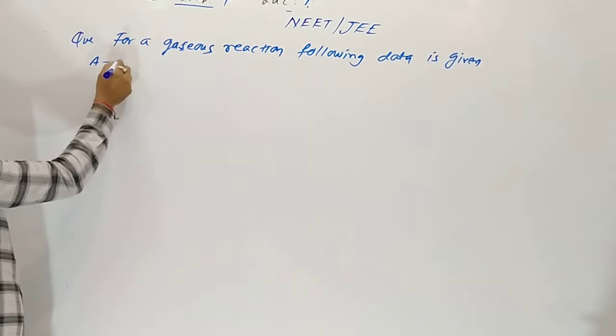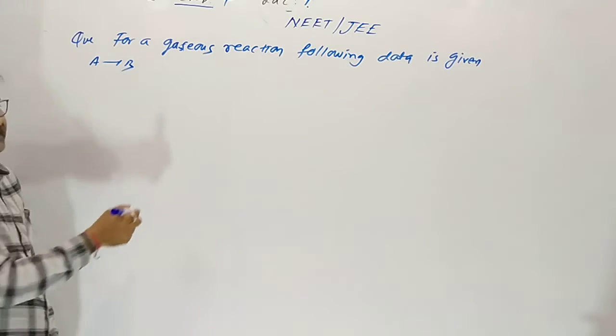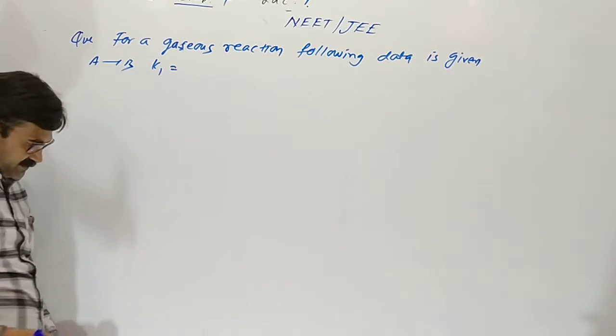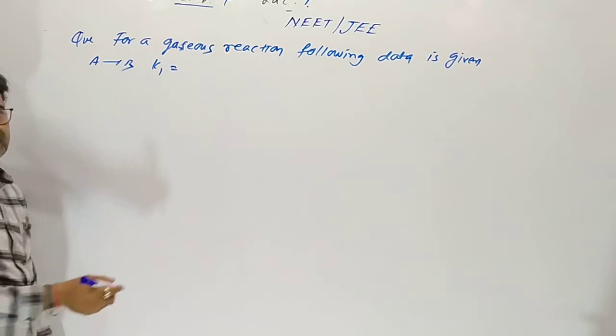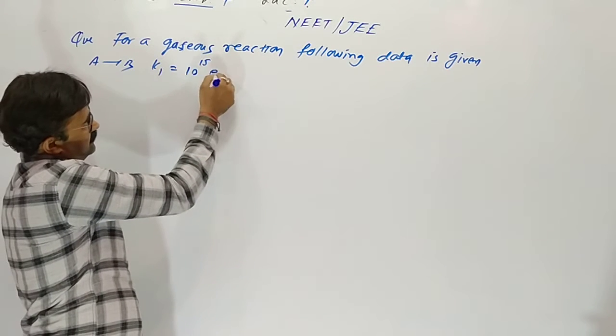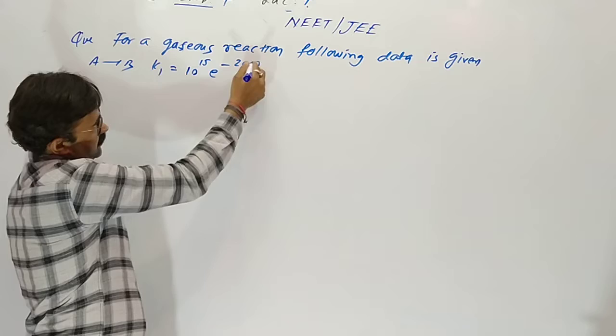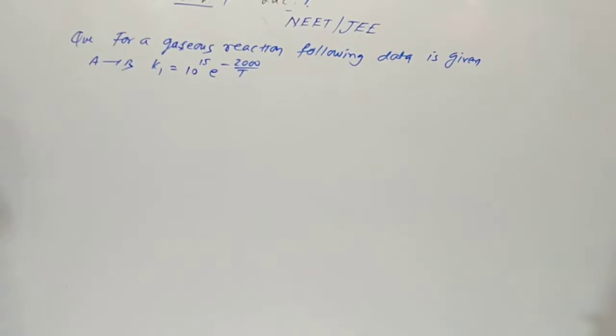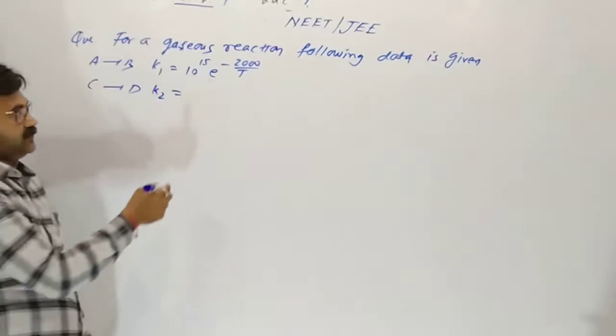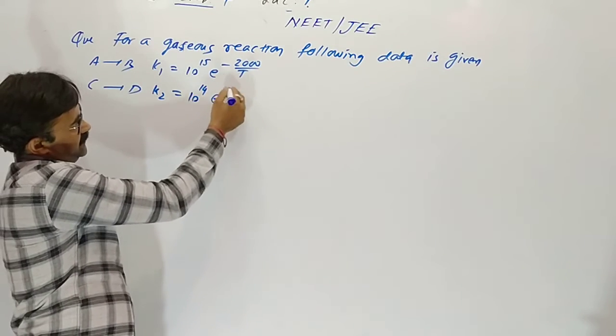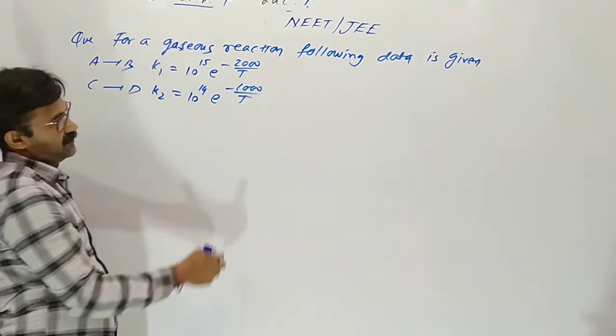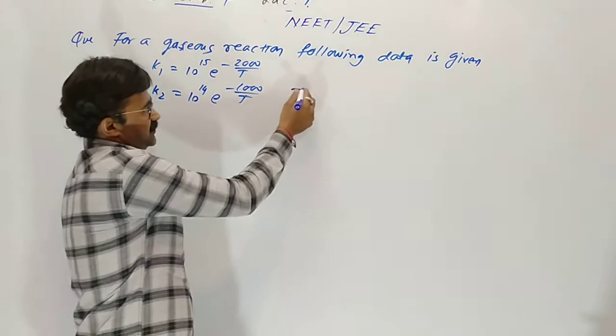A gives B, rate constant K1 is 10 raised to 15 e raised to minus 2000 upon T. Then C gives D, rate constant for this step is 10 raised to 14 e raised to minus 1000 upon T.